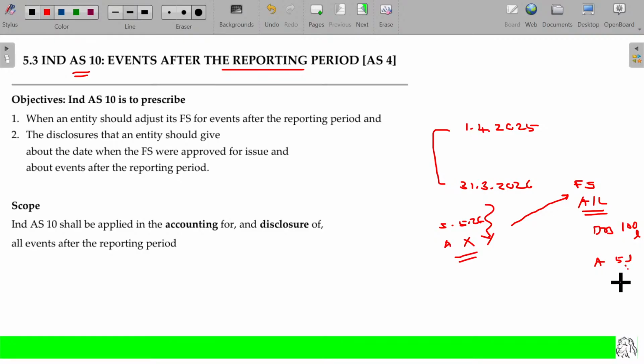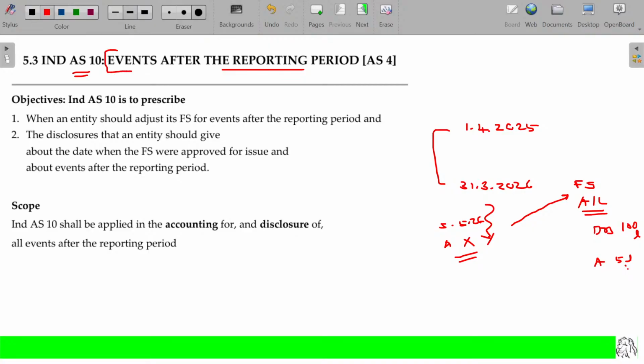As on 31st March, I was not aware of that, but sometime later, before the financial report is prepared and approved, we got some additional data. Because of the additional data, the assets and liabilities values shown in the balance sheet may change totally. Do I want to show this or not? Or can I adjust this, or can I make a provision, or no need to adjust? Those things are studied under AS 10.